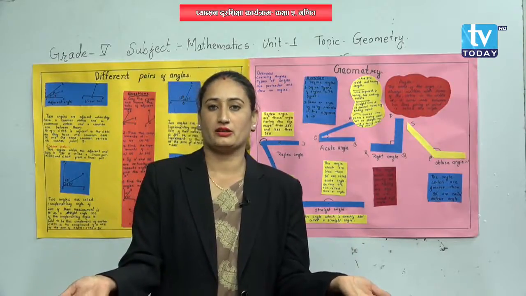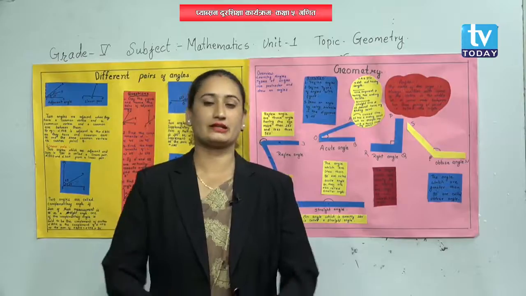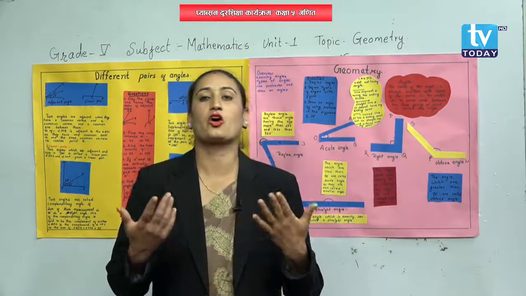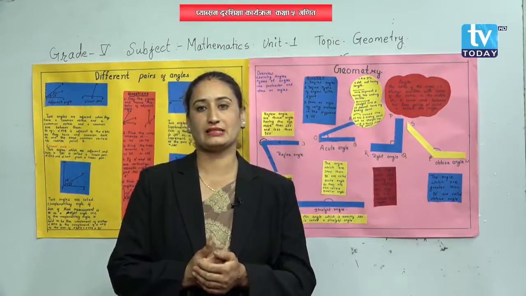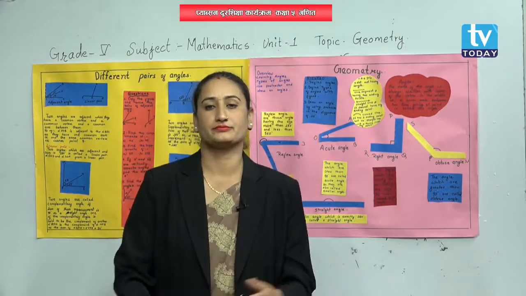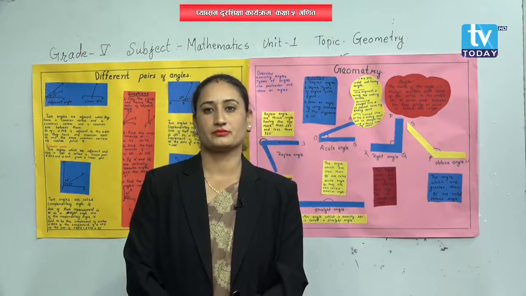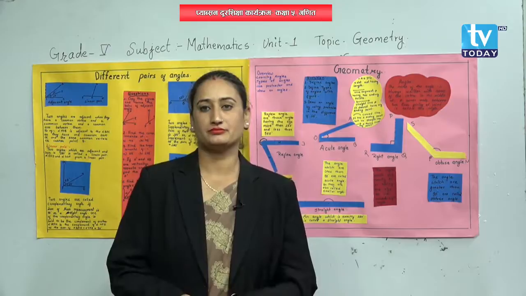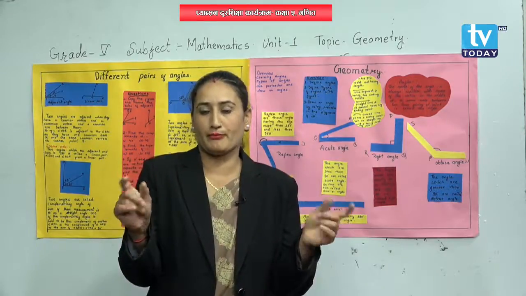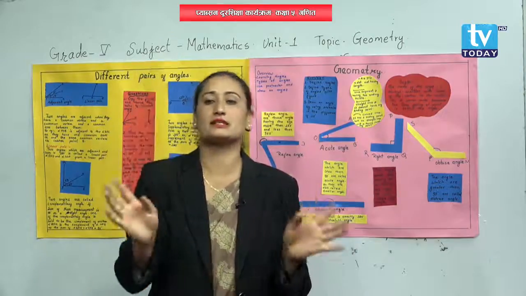Next, what I said before, the curved line. A curved line means there are two ending points but the line is not in a straight way.